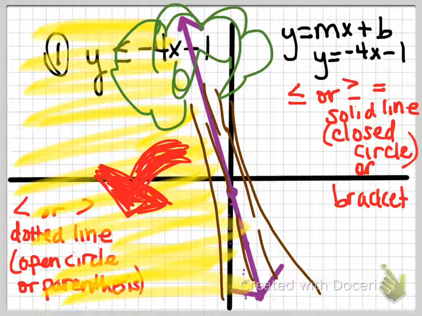sign under the inequality. So when you're graphing linear inequalities, the first thing you're going to do is graph the line. That is your boundary. Decide whether that line is broken or solid, and then you're going to shade on the correct side, either above or below, based on what your inequality says.